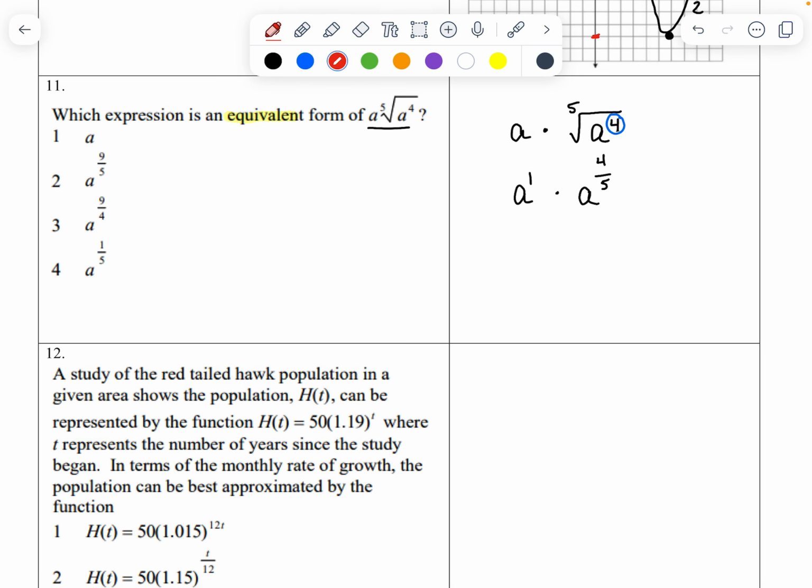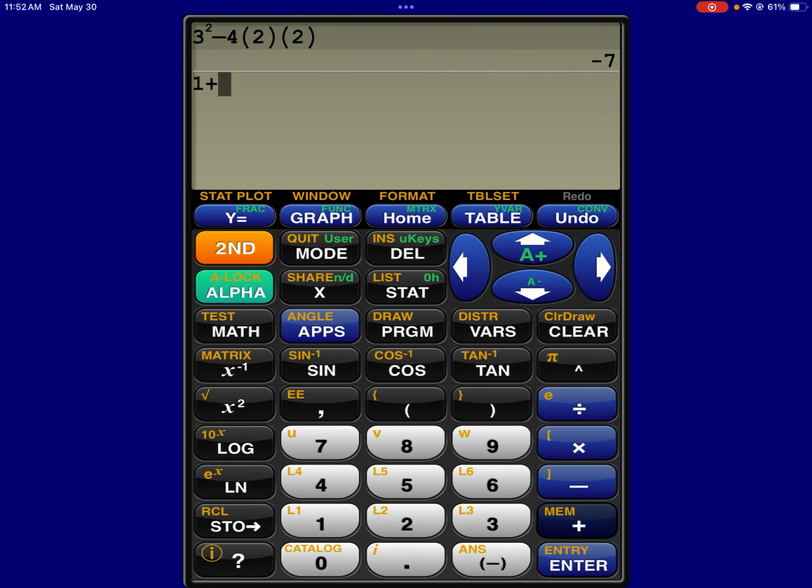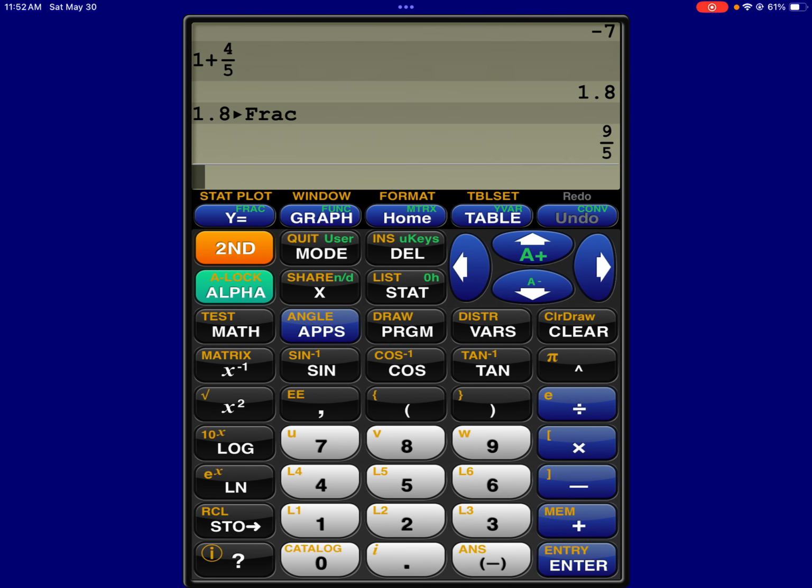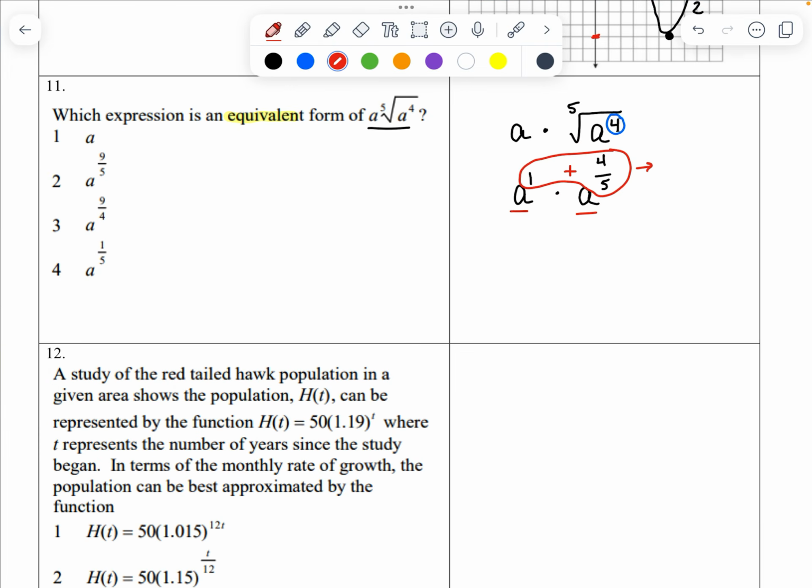Now from here, the rule is that when you're multiplying the same base, you're going to take these exponents and add them. So I'm going to take 1 plus 4/5, and I'm going to change that to a fraction, which is 9/5.